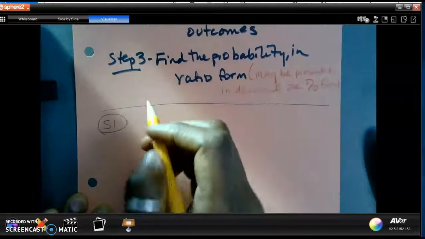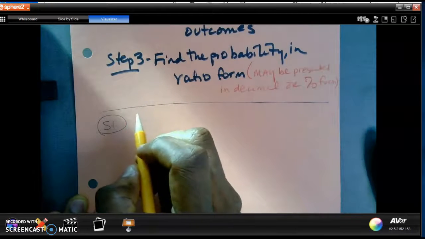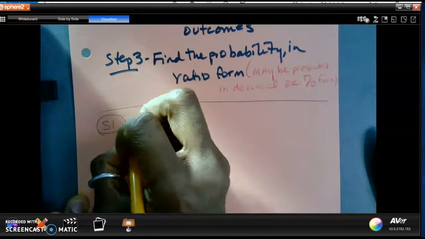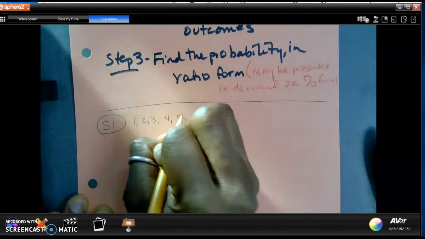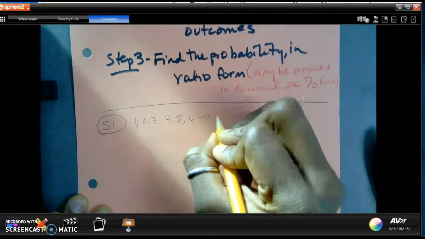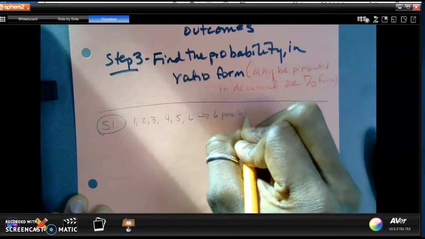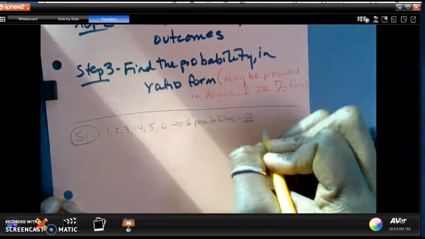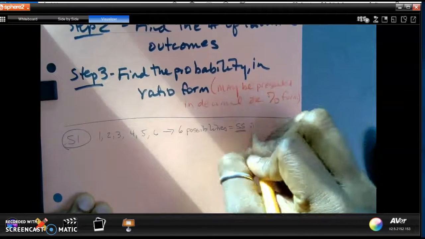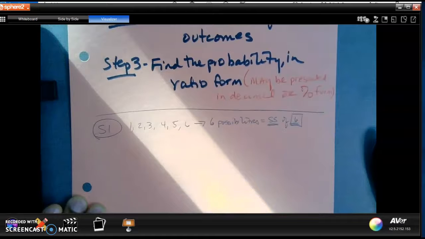Our sample space on a number cube is going to be what? How many sides are there to a number cube? There are 6. So I could either roll 1, 2, 3, 4, 5, or 6, giving me 6 possibilities. Sample space, that's what the SS is, of 6. So my sample space is going to be 6.